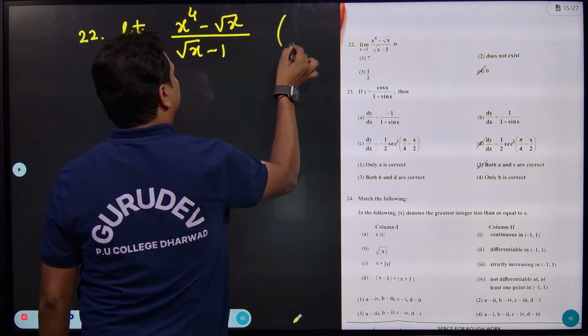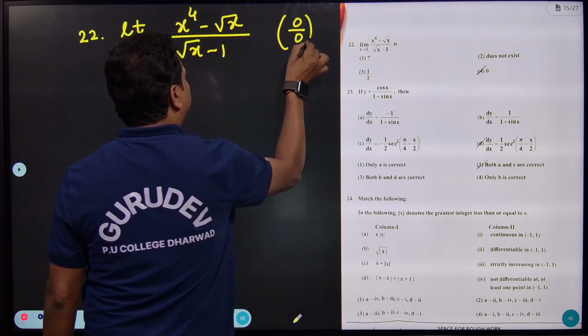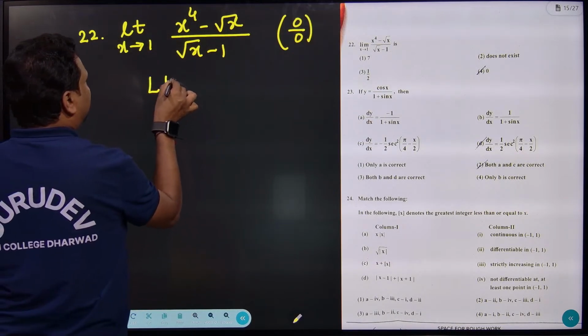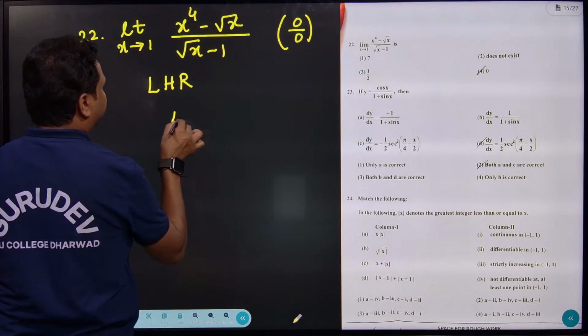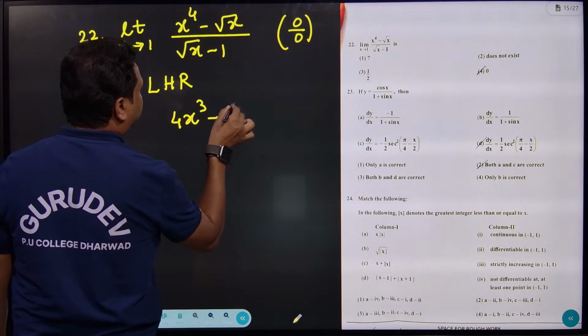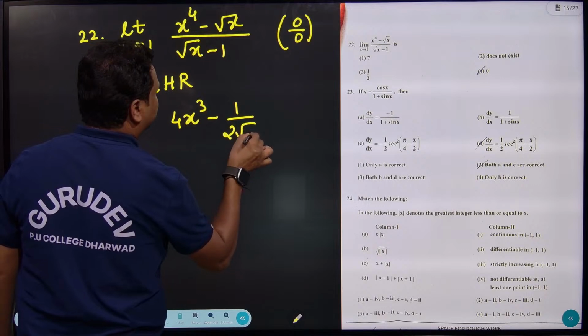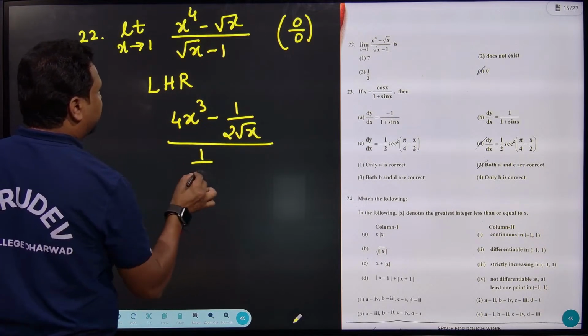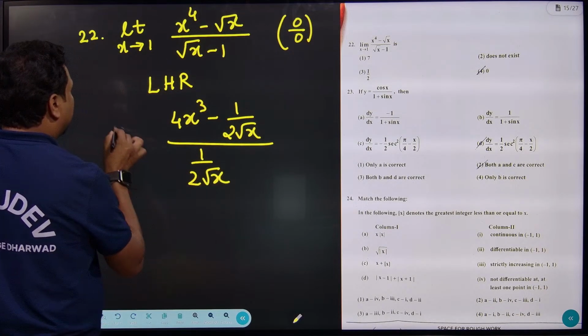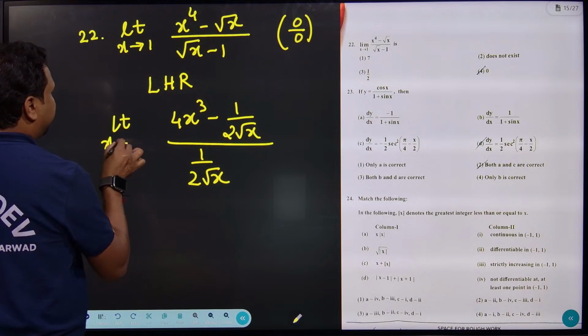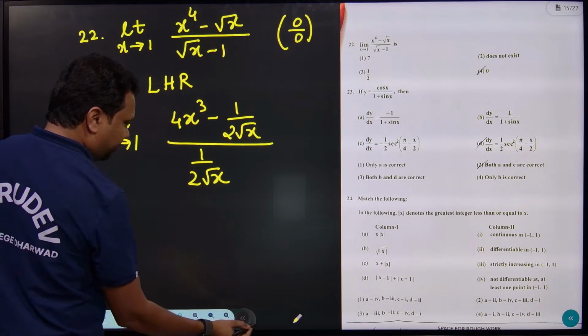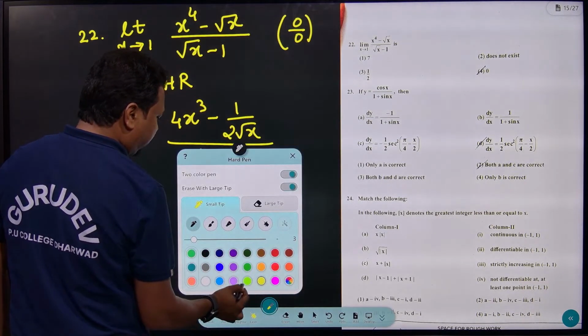If I put x equal to 1, the function is in the form of 0 by 0. Hence by using L'Hospital rule, what is the differentiation? (4x cube minus 1 divided by 2 root x) divided by (1 divided by 2 root x), as x tending to 1. Now if you put x is equal to 1, all x will be converted to 1.